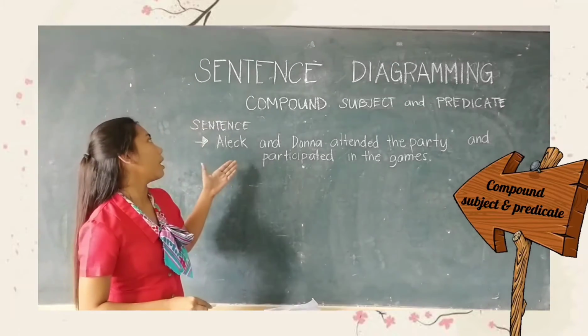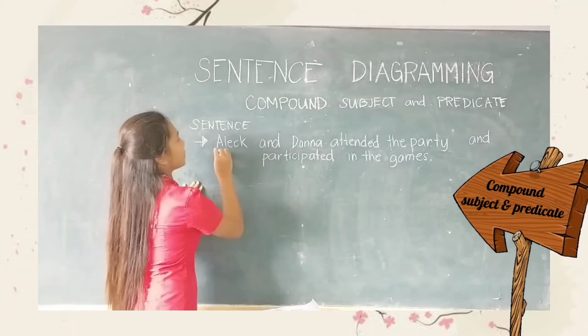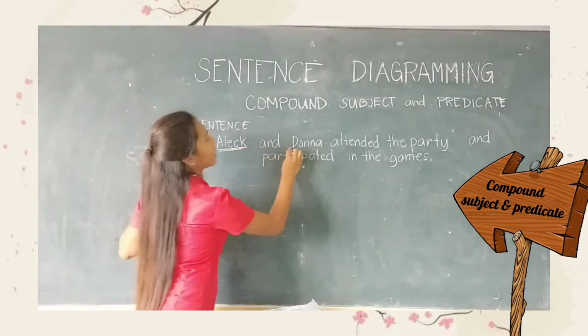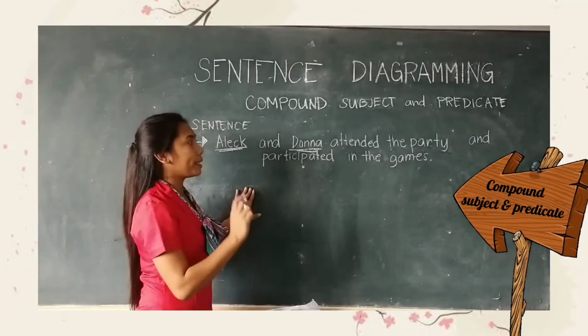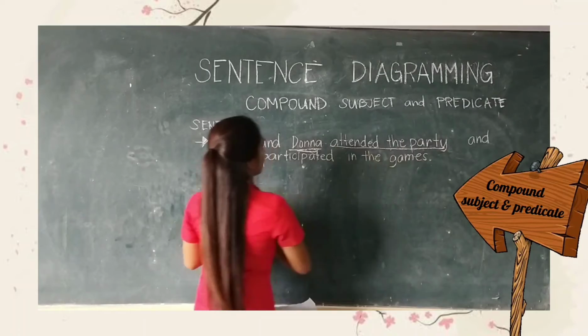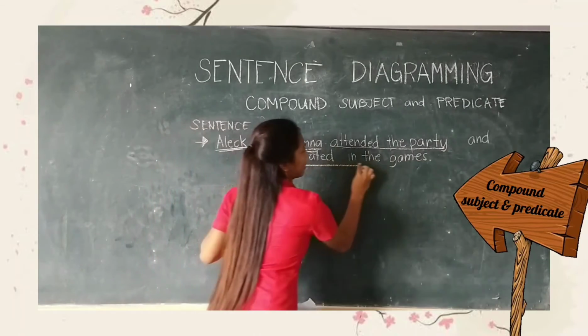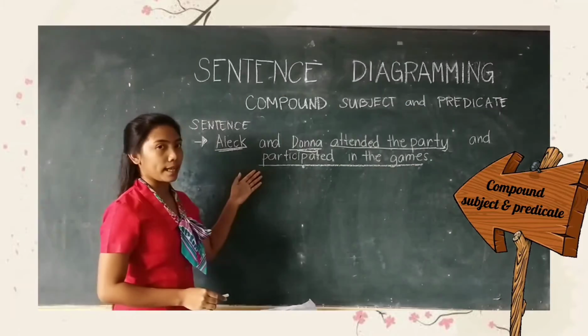So I have here one example wherein we have two subjects, which are Alec and Donna, and also we have two predicates which are attended the party and participated in the games. So let us try to diagram this sentence.